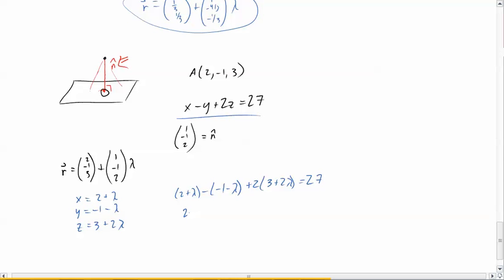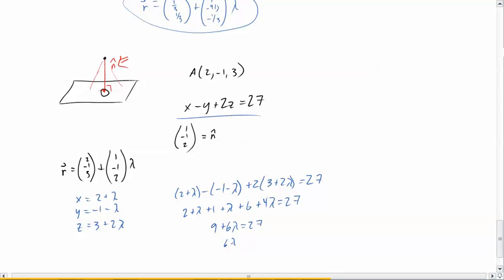And so we've got 2 plus lambda plus 1 plus lambda plus 6 plus 4 lambda. Man, this is fun. And then we can put these numbers together. 2 plus 1 is 3, plus 6 is 9. Lambda plus lambda is 2 lambda, so we get 6 lambda there. Subtract the 9.